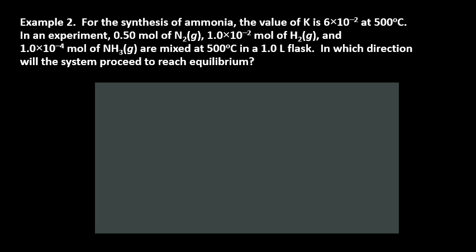First, we have to write the balanced chemical equation for the synthesis of ammonia. That means we are producing ammonia from nitrogen and hydrogen, and then we can balance it. After balancing, we have to find the concentration of each reactant and product given. It is not given directly, but I have the moles and the volume.